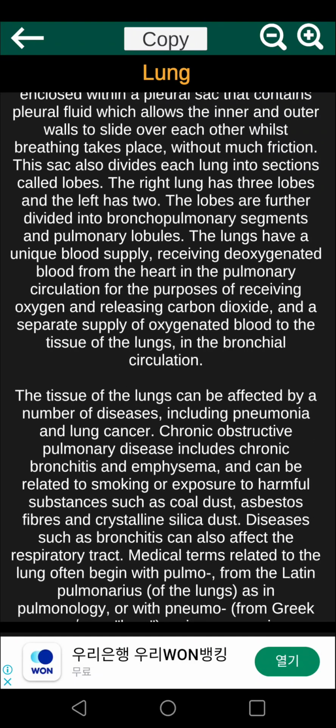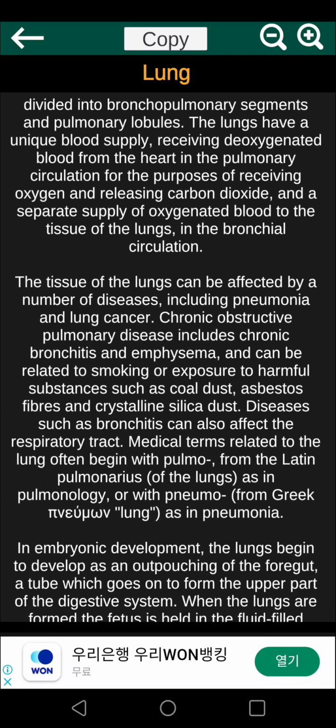This sac also divides each lung into sections called lobes. The right lung has three lobes and the left has two. The lobes are further divided into bronchopulmonary segments and pulmonary lobules.